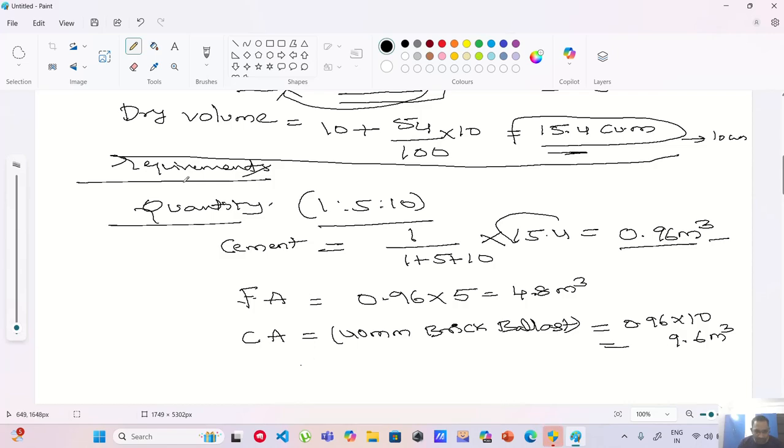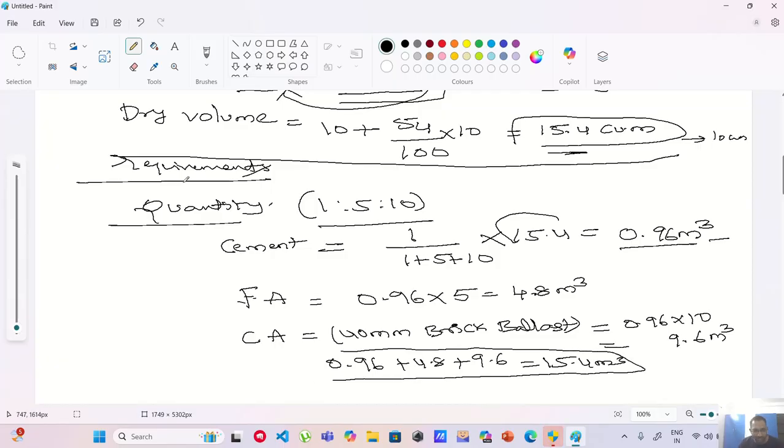When you sum up 0.96 plus 4.8 plus 9.6, you get around 15.4 cubic meter, and this is the quantity distribution for this particular cement concrete work.